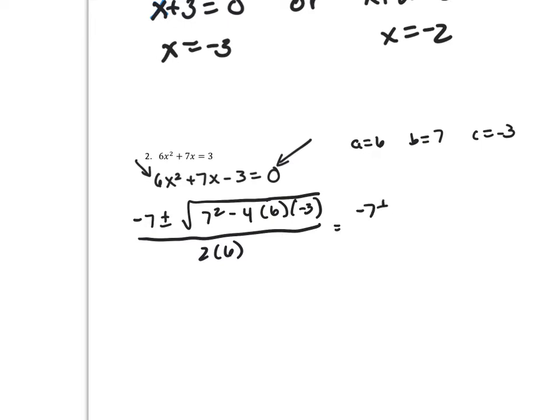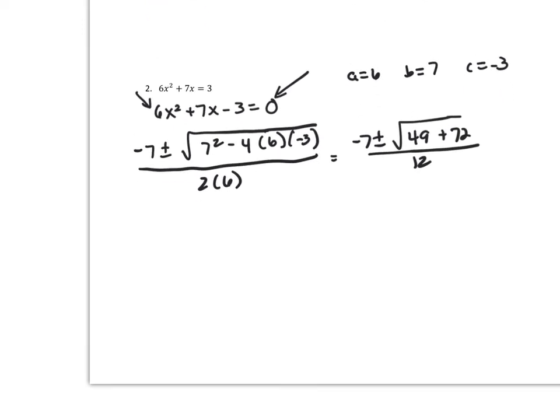That's -7 plus or minus the square root of 49 plus 72, all over 12. That's -7 plus or minus the square root of 121.